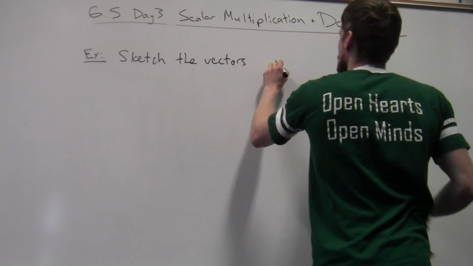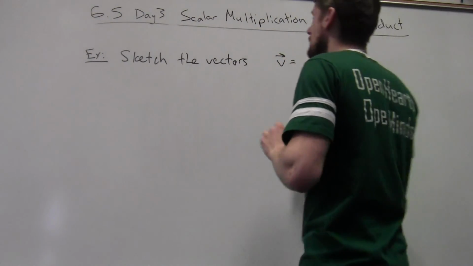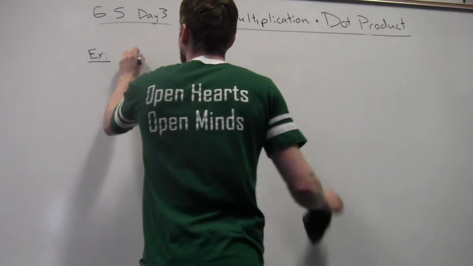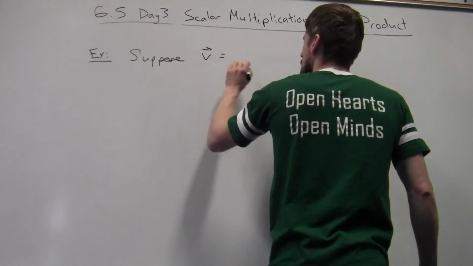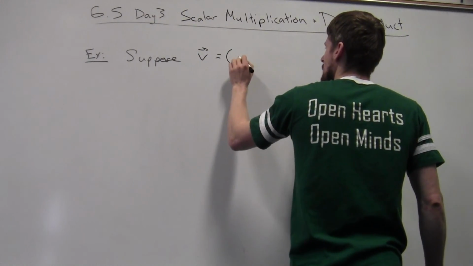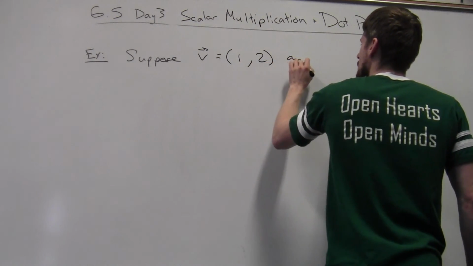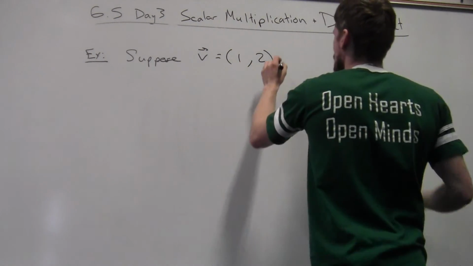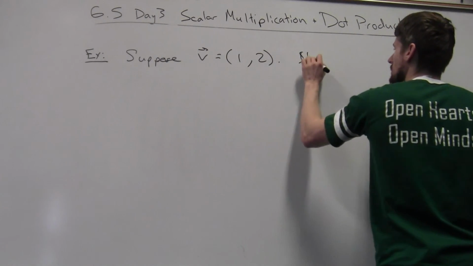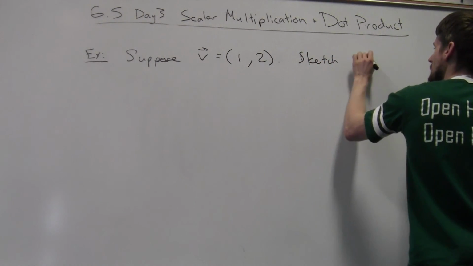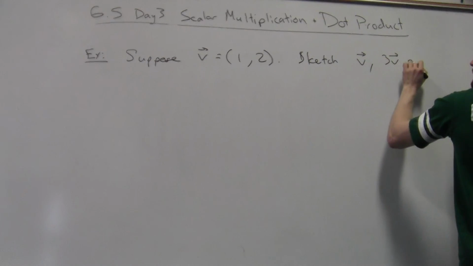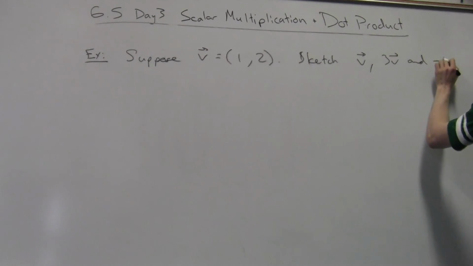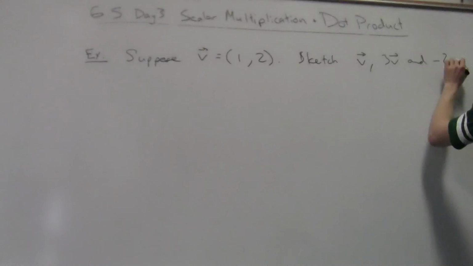Suppose v is equal to the vector 1, 2. Sketch v, 3v and negative 2v. Let's do those three vectors.